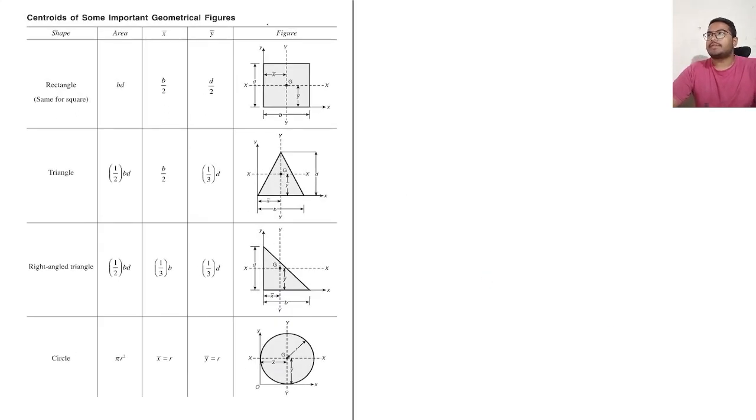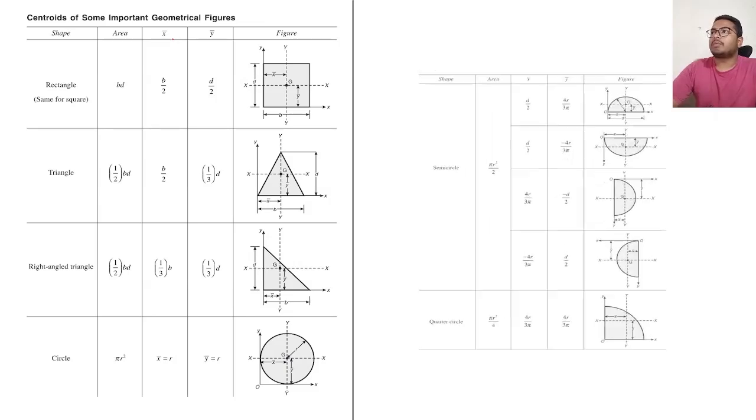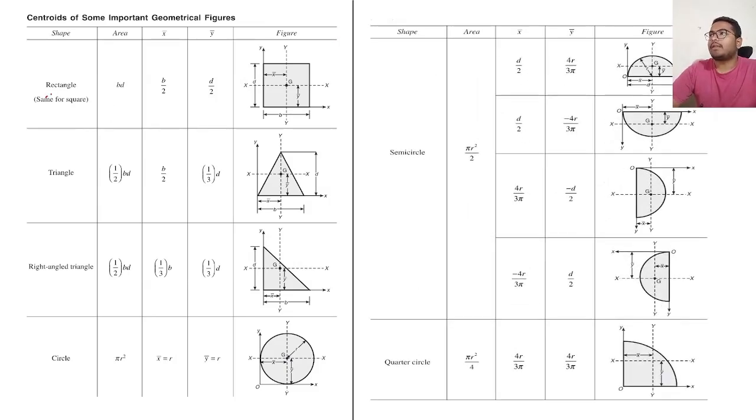Okay, so first, the centroid of some important geometrical shapes. If we take a rectangle, we can also consider it for the square. For the rectangle, the area is b into d, that is breadth into depth.